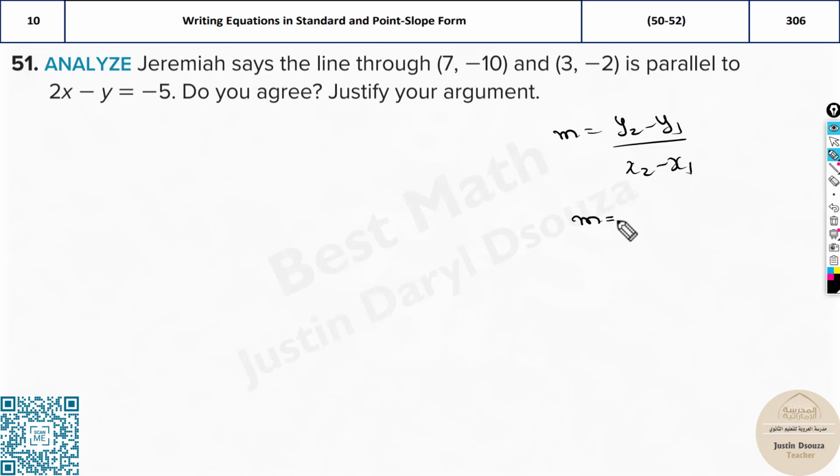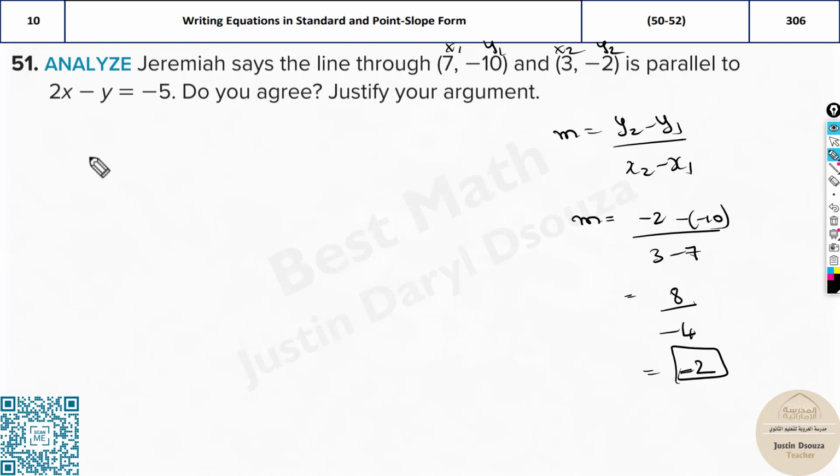Let's substitute: it's minus 2 minus negative 10, divided by 3 minus 7. That's plus 10 minus 2, which is 8, divided by 3 minus 7, which is minus 4. So the final answer would be negative 2, because 8 by 4 is 2, but with the minus sign, it's minus 2.